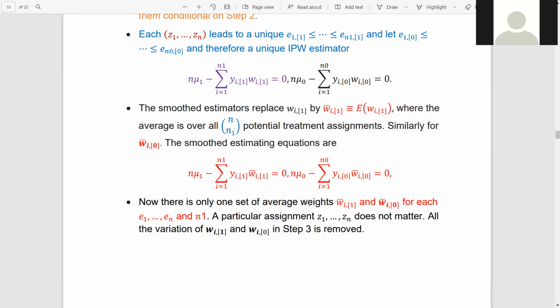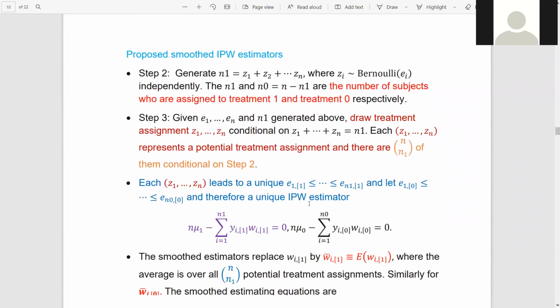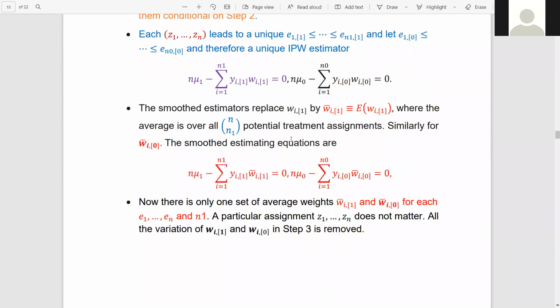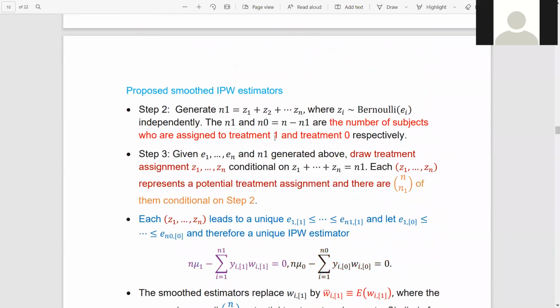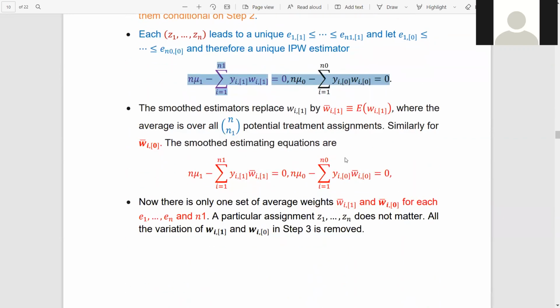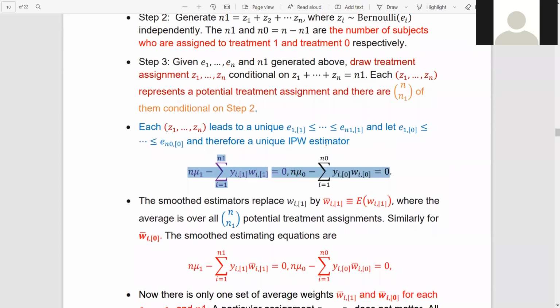So now let's see, what's the big difference? If we already have Z1, E1, E2, and En of these n propensity scores drawn in step 1, the original estimator depends on this unique treatment assignment, on this sequence Z1, Z2, and Zn.